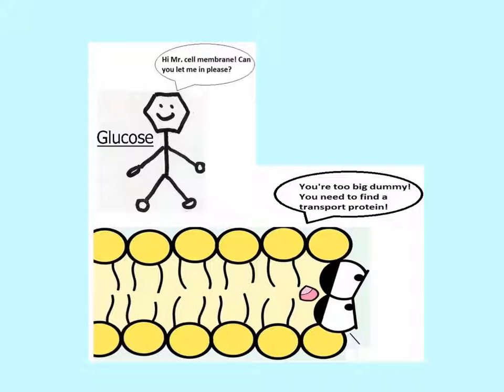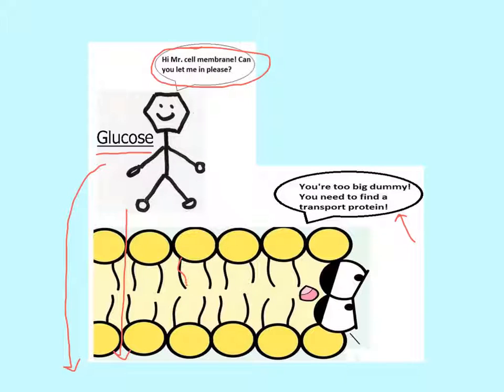So here's a common situation where glucose, a sugar, is attempting to cross the cell membrane to enter the cell, but it cannot get through the phospholipid bilayer. And glucose is asking very nicely, hey, can you let me in, please? And the cell membrane says, no, you're too big. Plus, you're polar.